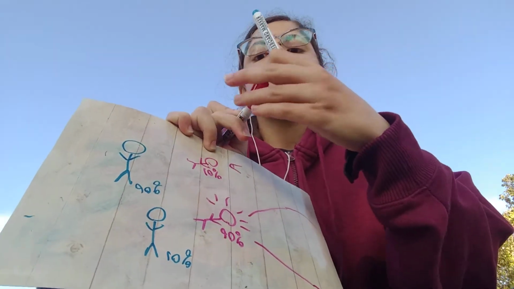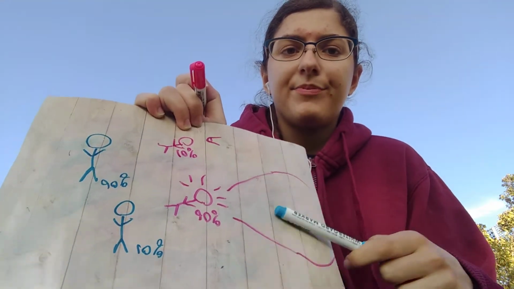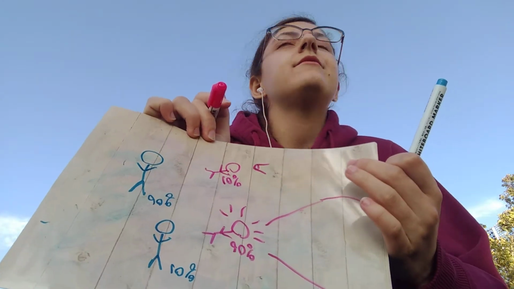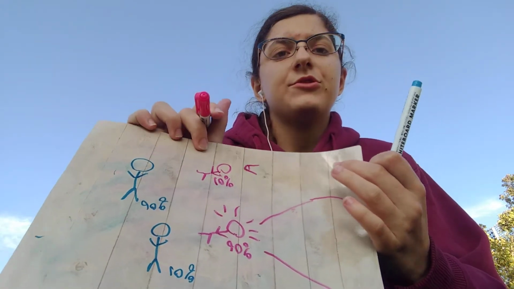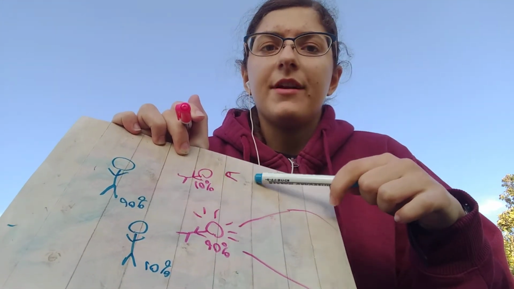If you're trying to find a really elusive spirit, you want 90% because spirits are hard to find. If you're trying to find an alien, any aliens at all, use 10% because they're everywhere. You really don't need that much. Or spirits are everywhere too.